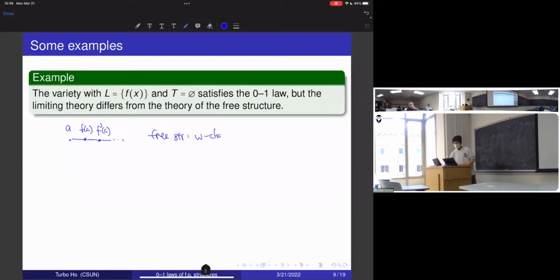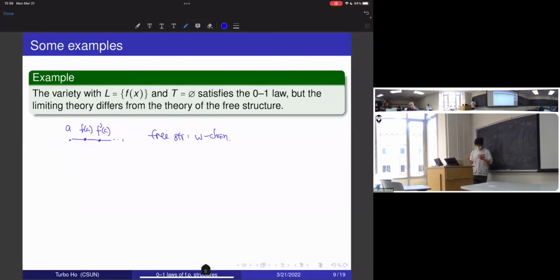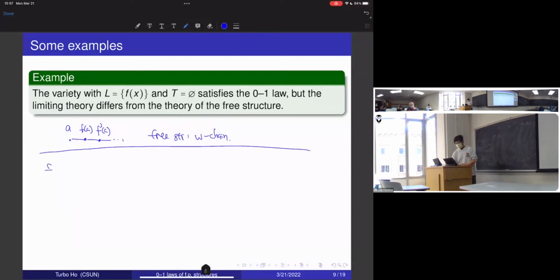It is just an omega chain. Okay, and then if you look at a quotient structure, the left-hand side must just look like f to some power of A, and the right-hand side also looks like f to some power of A. So you just end up having f to the i of A equals f to the j of A.